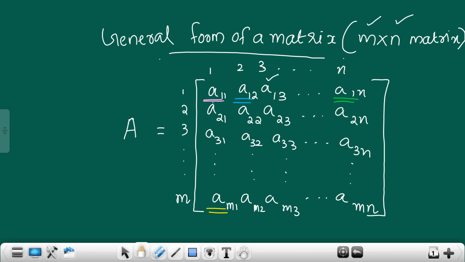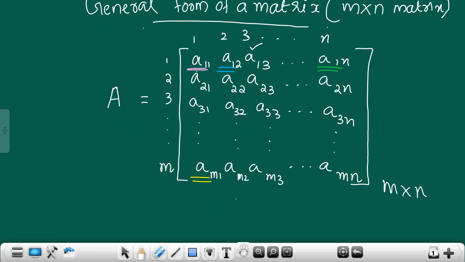So this is our general form of a matrix with order m by n. Here m is the number of rows and n is the number of columns.